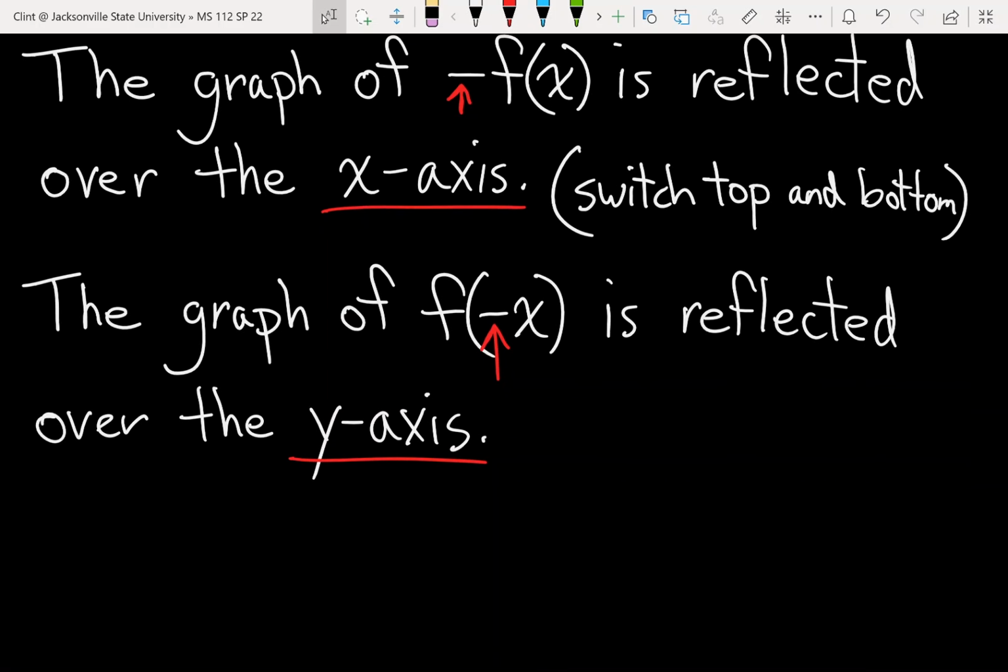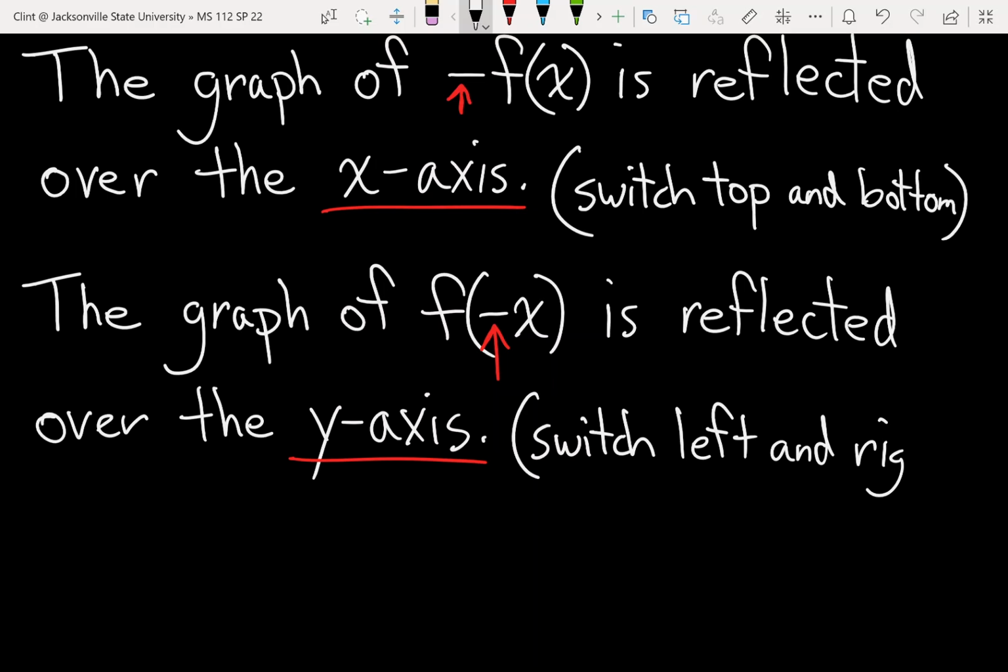So what's happening there is we're changing the sign of our x values. So that's flipping the left and the right side of our graph. And so that's like switching the left and the right. And top and bottom if the minus sign's out.